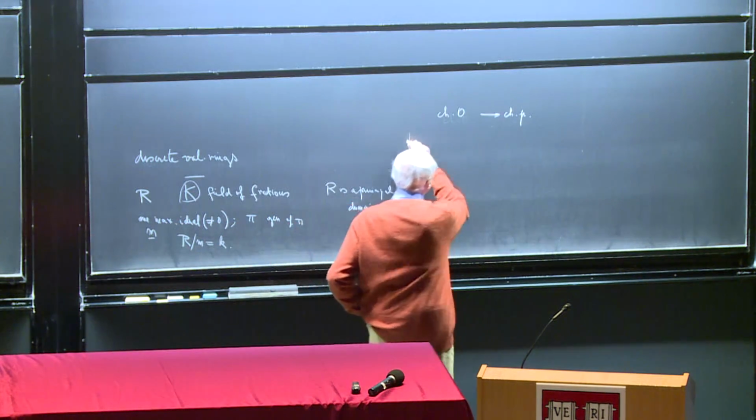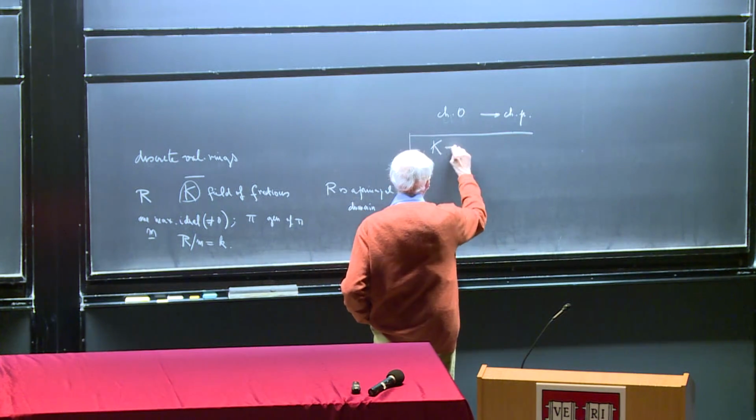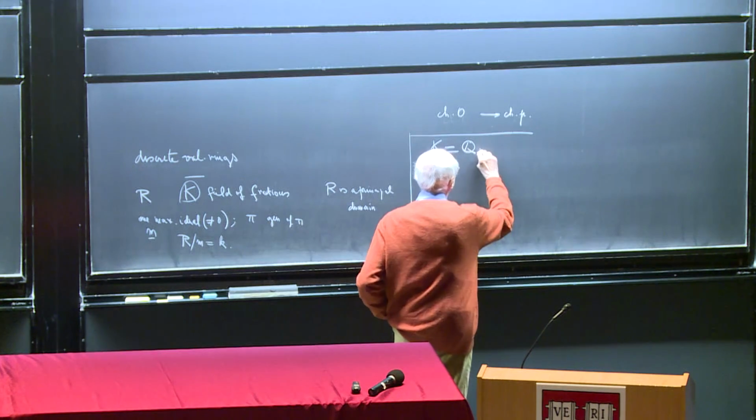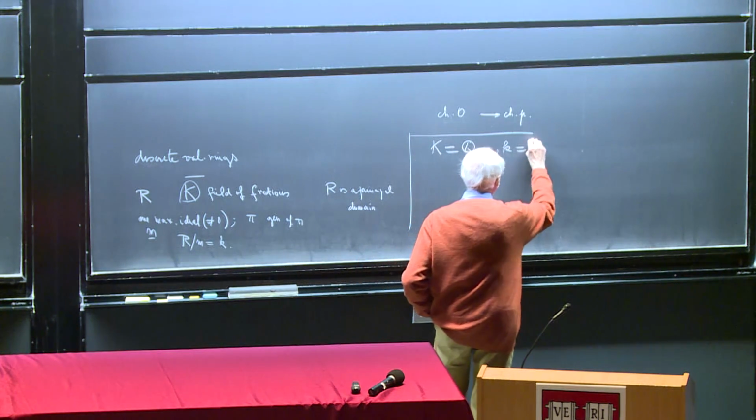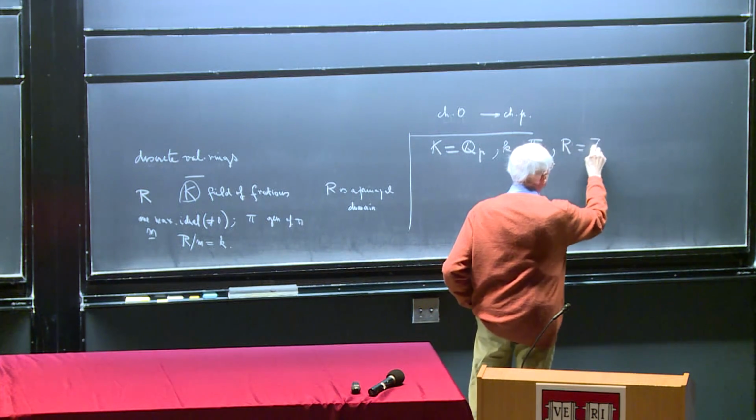The typical case that number theorists use is when K is a p-adic field, of course, the residue field is Fp, and R is the p-adic integers.